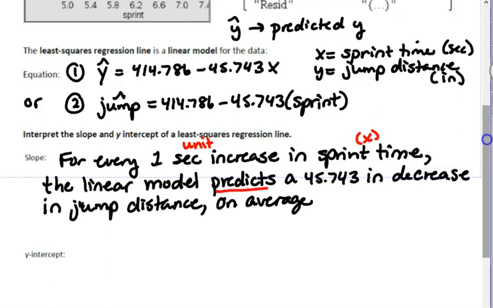So we've got this predicts and on average, saying this isn't exactly what we are going to get for our jump distances, but on average the prediction is this is what is going to happen.